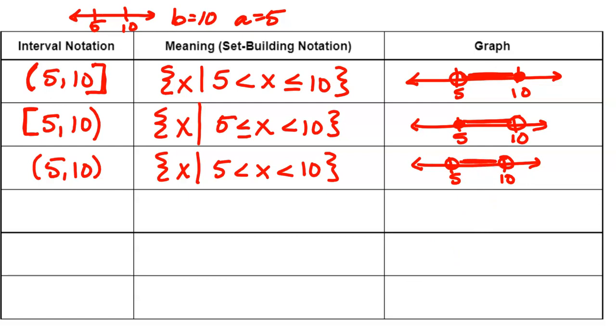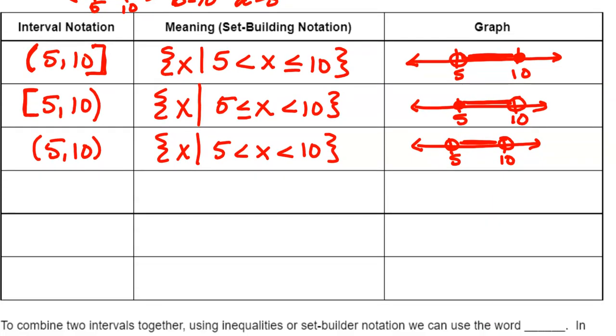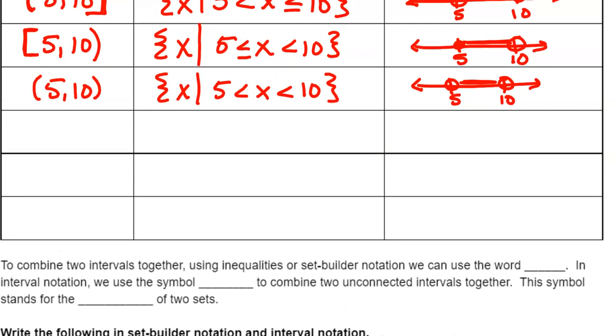Okay. Now, I'm going to throw in some infinities here because not all the time am I bouncing between two numbers. What if I go to the opposite sides of my number line? It keeps going forever and ever and ever. So I'm going to start with 10, infinity, with a bracket on the left and a parenthesis on the right. So, from what we've seen before, this bracket tells me that I'm including 10.